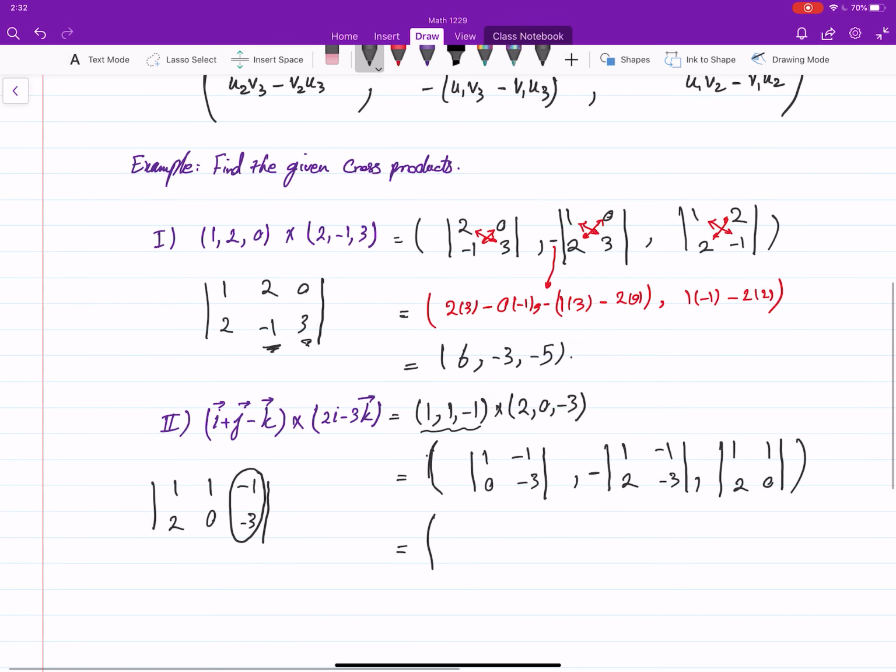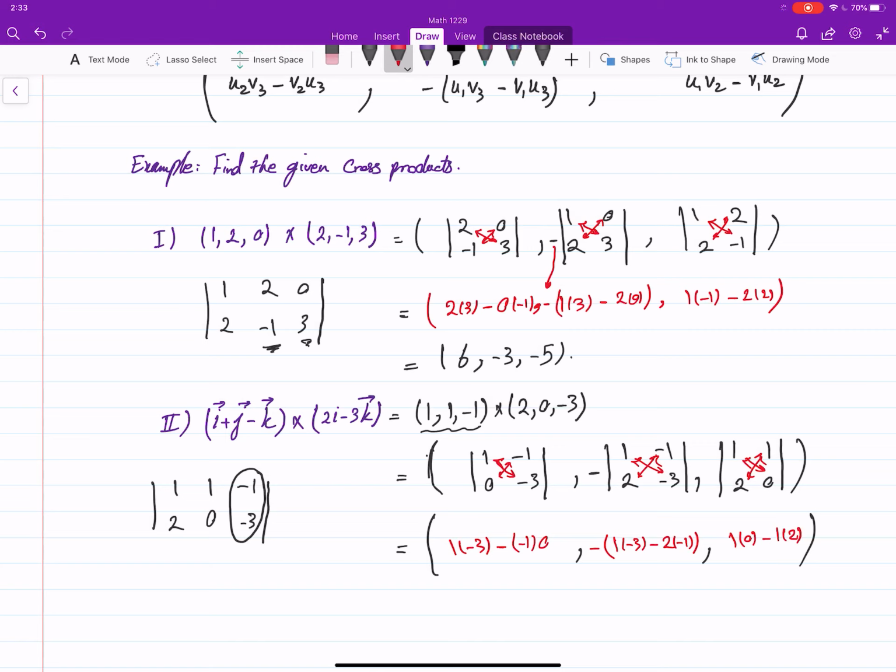Okay, what do we mean by those numbers? Multiply diagonal elements, so 1 times negative 3, minus multiply off-diagonal elements, negative 1 times 0. Diagonal elements minus off-diagonal elements. Diagonal elements minus off-diagonal elements.